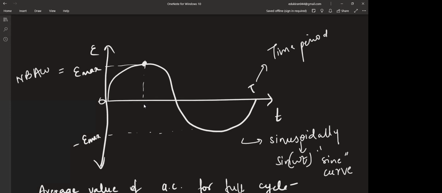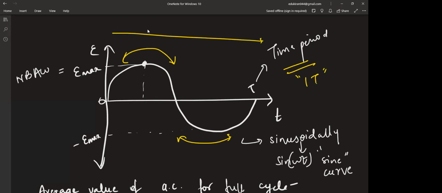One entire duration gives you one time period of the graph, and this entire separation is one wavelength.